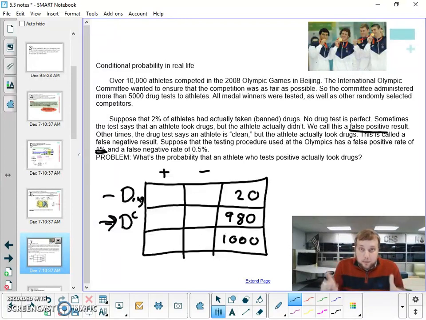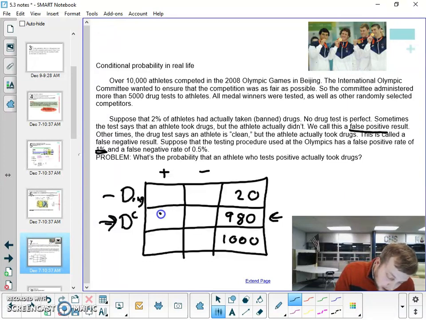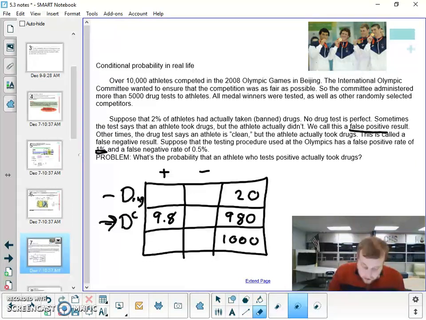That's basically people who don't take drugs, they get flagged as positives 1% of the time. So I really only care about this 980. I'm going to figure out what's 1% of this 980, and I believe 1% of that is about 9.8. Okay, and then I can start filling out the rest.